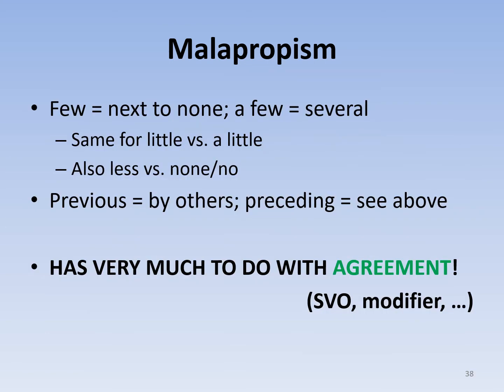And there are also things you really need to pay attention to. If you write "few," you are telling others that this is next to none, really minimal. But if you write "a few," that means there are still a number of things over there. Similarly, if you say "previously" in your background or introduction section, most likely you are telling the reader that somebody else did this before.